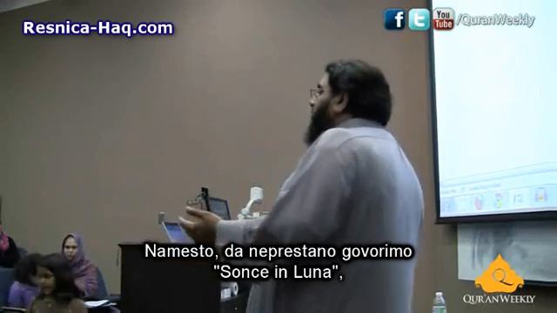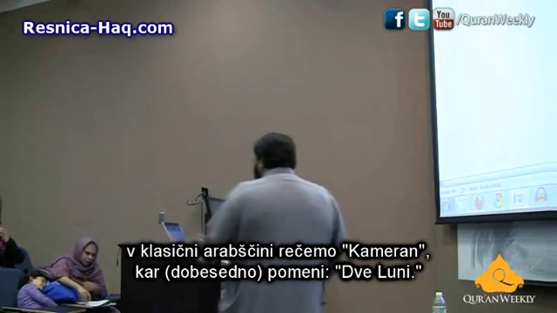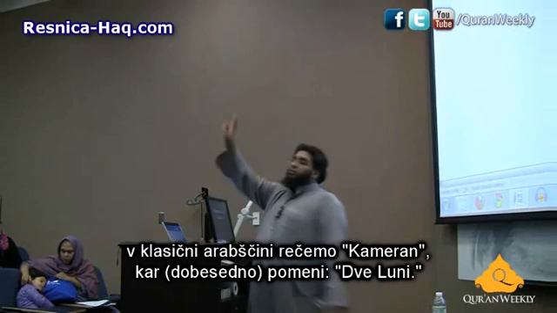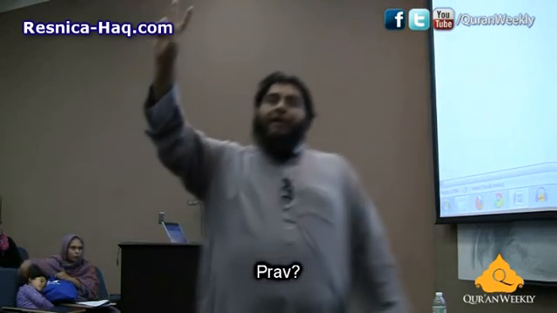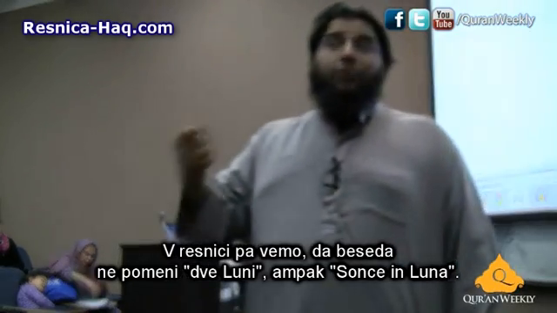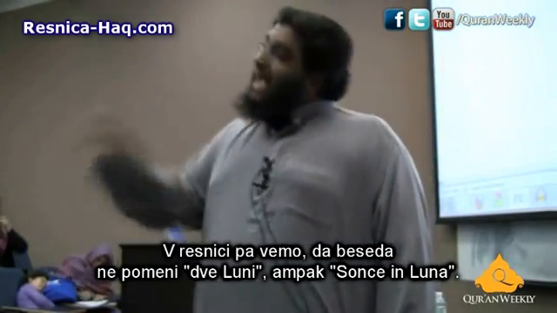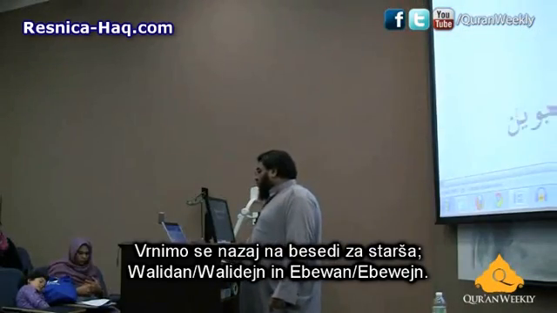So instead of continuing to say sun and moon, sun and moon, what you do in classical Arabic is you say qamaran, which means two moons. But in actuality, you know that it doesn't mean two moons. It's actually referring to sun and moon. Y'all follow? Now let's go back up to the words for parents.